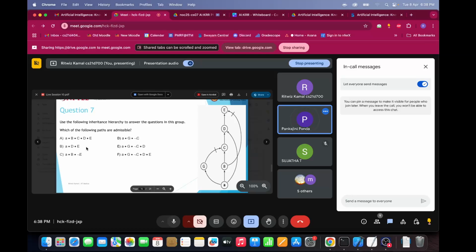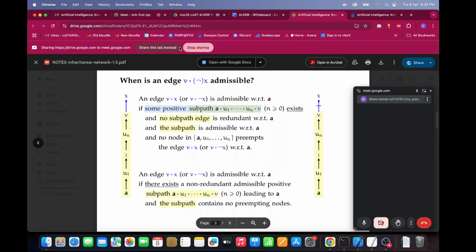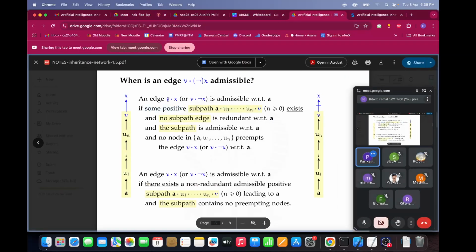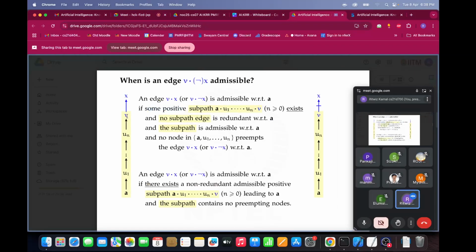No, sir. Okay, let me go back to the definition. In order for us to say that this edge v to x is admissible, the positive subpath must be from A till v. It's okay if v to x is negative.